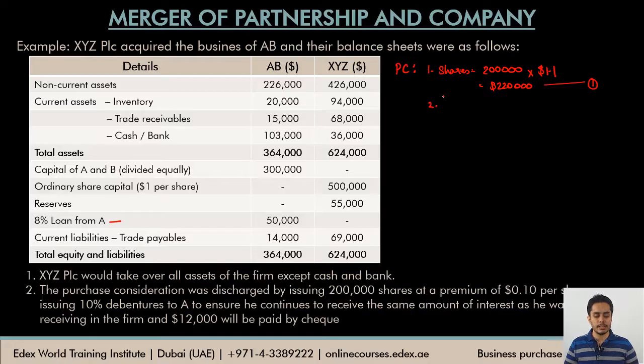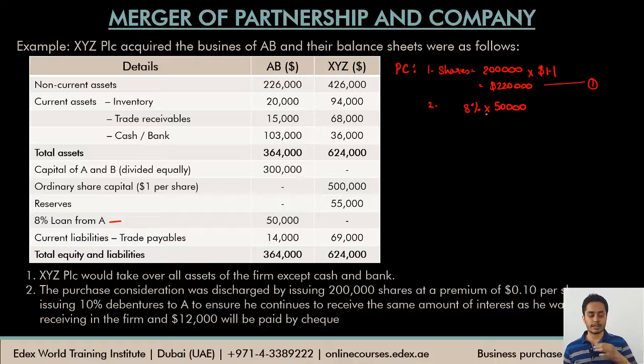The condition is that the value of debentures should be such that A continues to receive the same amount of interest that he was receiving from the partnership firm. The partnership firm was paying an interest of 8% of 50,000 to A, which comes to 4,000.